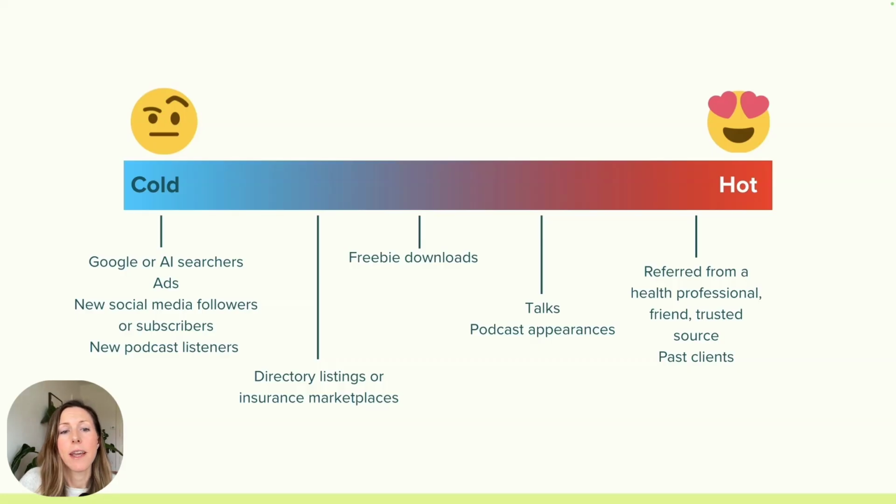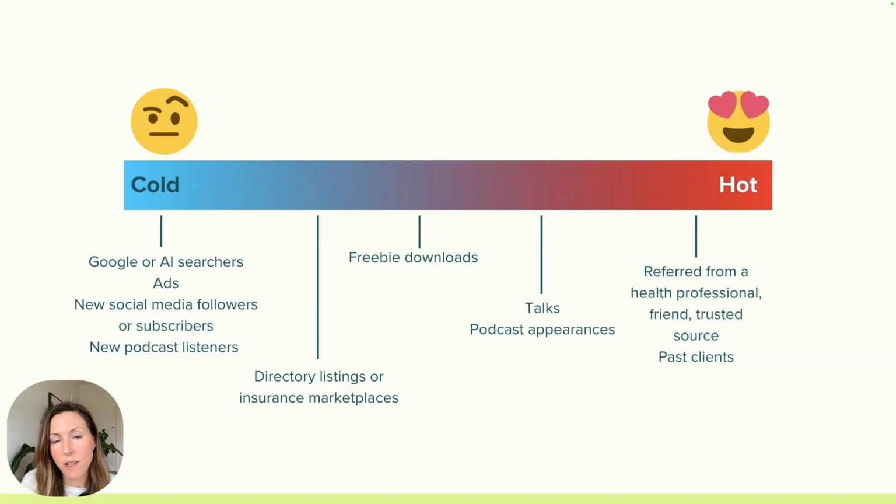So ideally, in our marketing and lead attraction efforts, we have leads coming in all along the spectrum from cold to hot. But we need to understand that not all marketing tactics are created equal and they attract different kinds of leads.